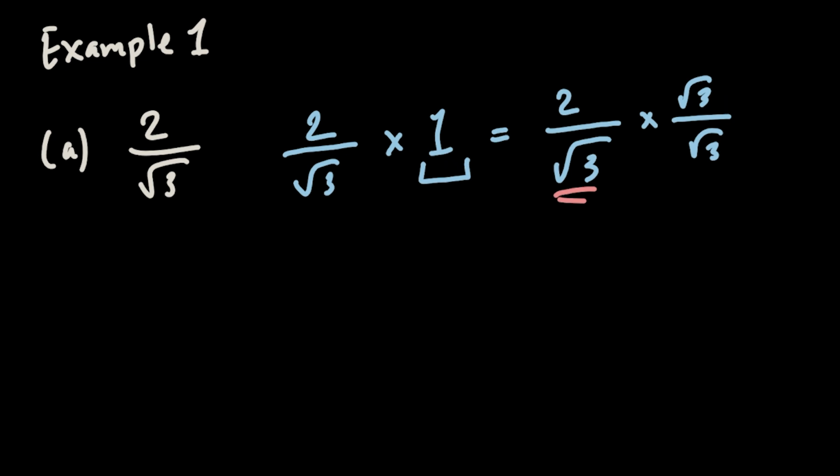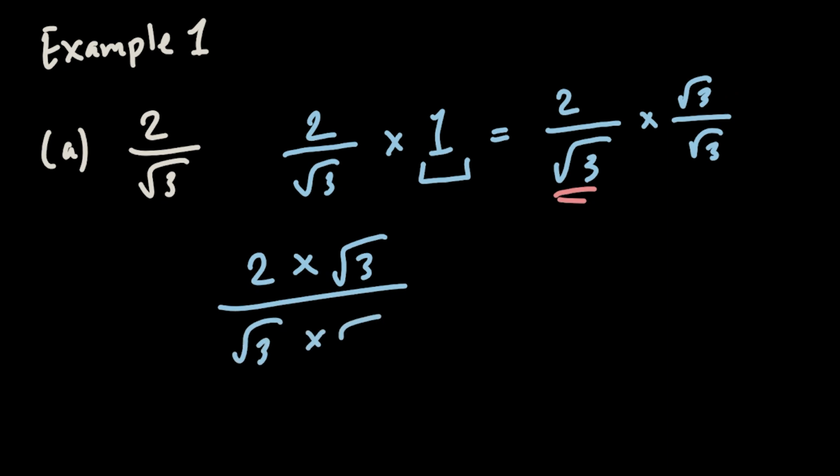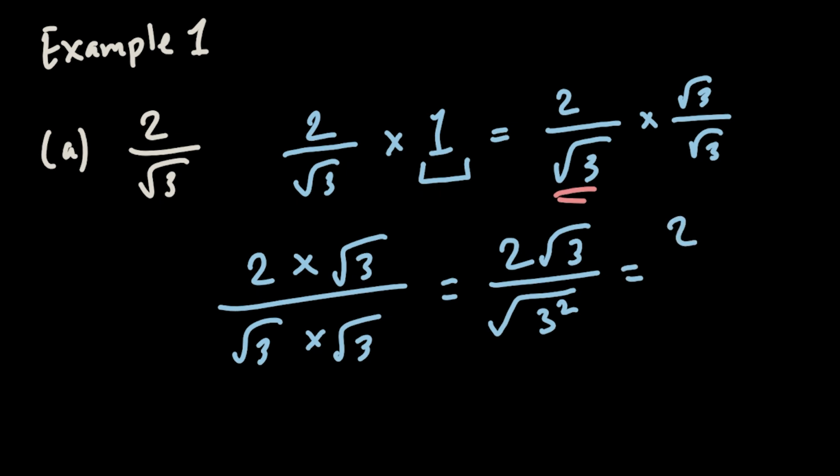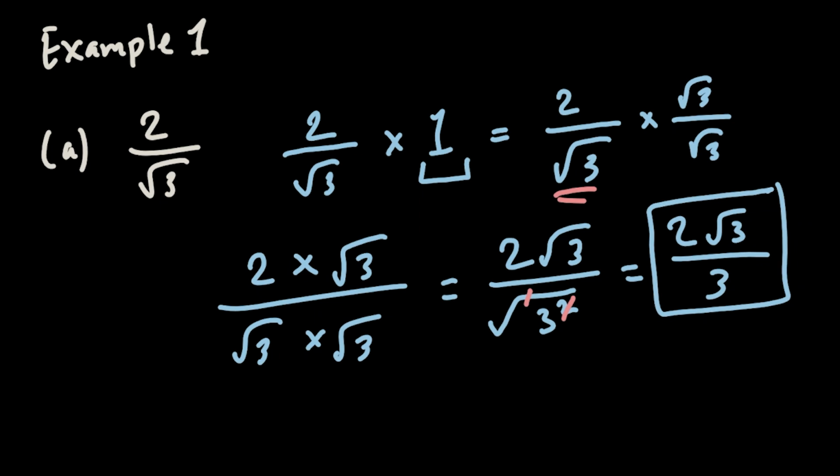So after that, what will we have? So we have 2 multiplied by root of 3 over root of 3 multiplied by root of 3. That would equal 2 root of 3 over root 3 squared. And that would equal 2 root of 3 over, you can notice here that this square root and this 2 will just be cancelled, so we'll get 3 as denominator. So this is the last answer.